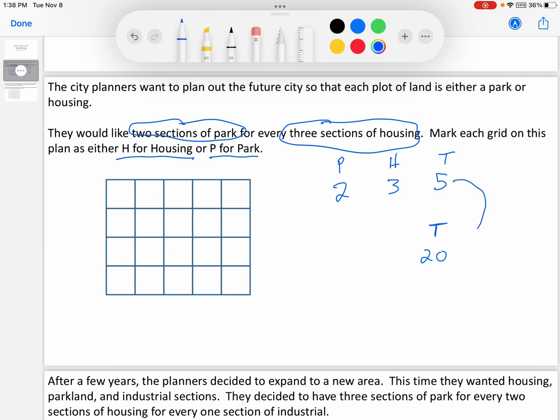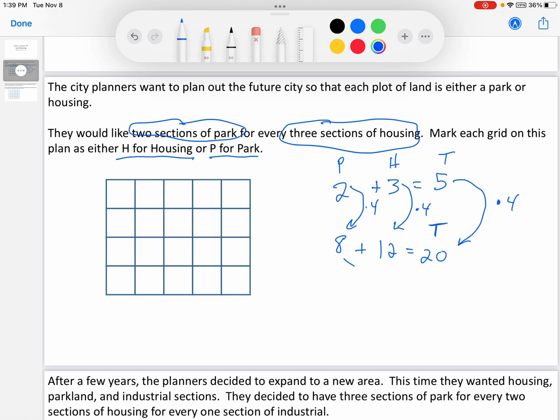Well, I'm going from 5 total to 20 total, so that means times 4. 3 times 4 is 12, and 2 times 4 is 8, which means that we will have 8 park sections, 12 housing sections, and together they will make up the 20. Notice 8 plus 12 equals 20, just as 2 plus 3 equals 5.